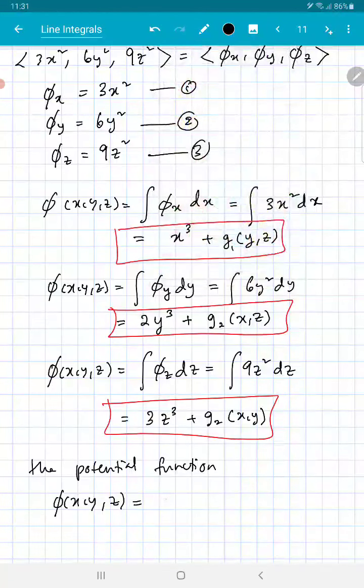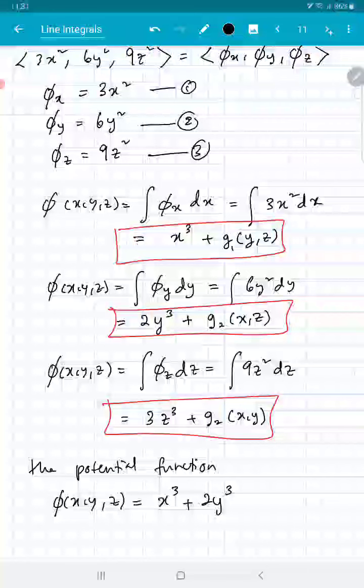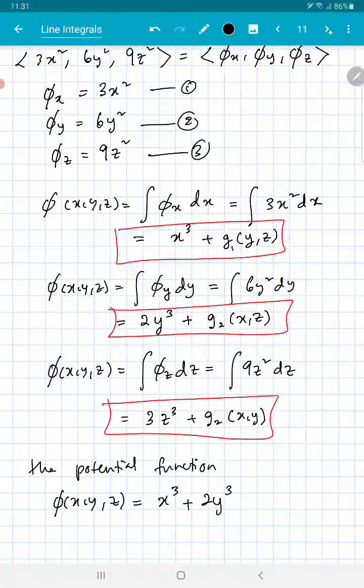So from the first one we get x cubed. We don't have x cubed in the second one or the third one, but it is embedded in here. And from the second one we have 2y cubed. It doesn't have 2y cubed in here, but it is embedded in g1. It doesn't have 2y cubed in the third, but it is embedded in function g2.